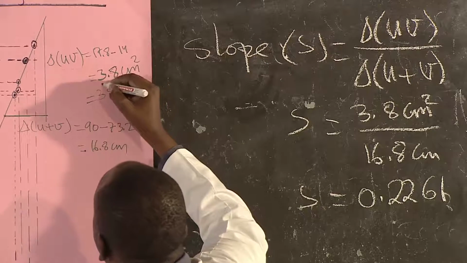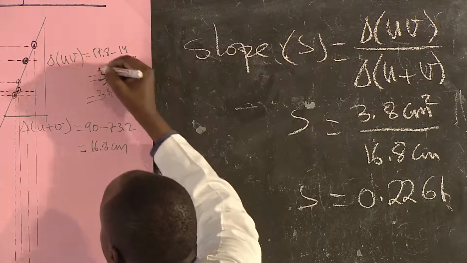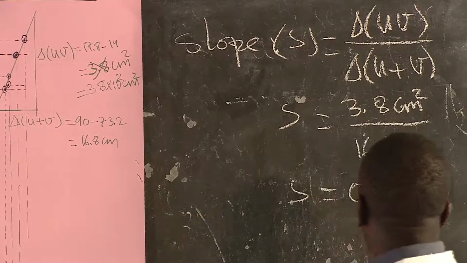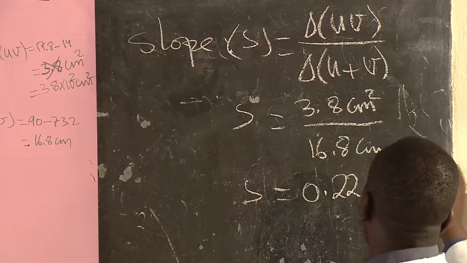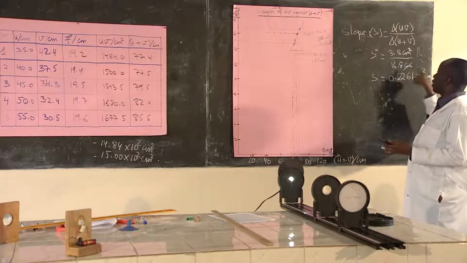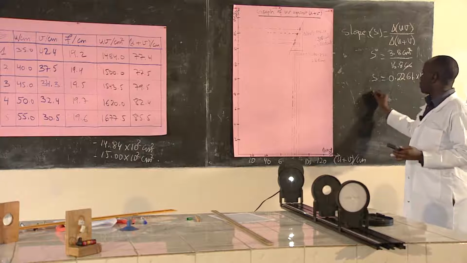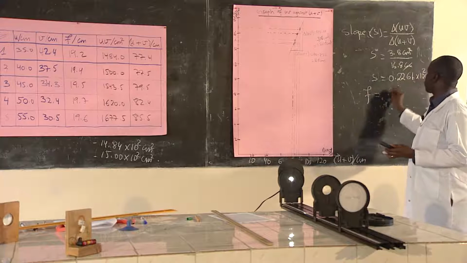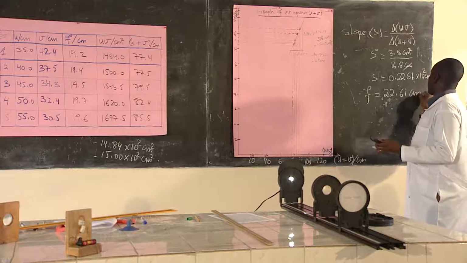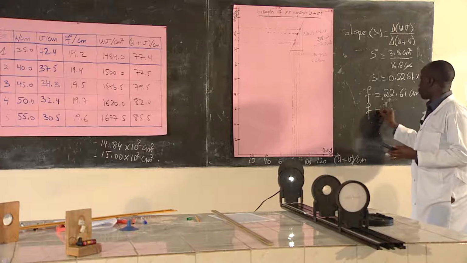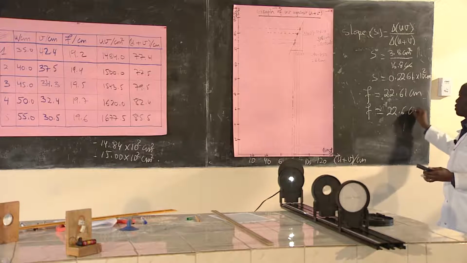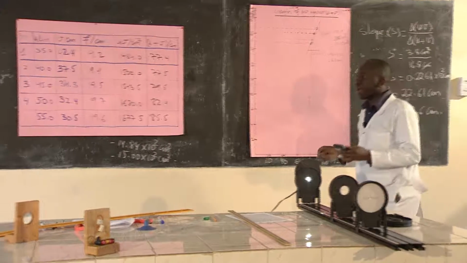So when you use this, you are not correct. Do you understand? Then here we have times 10 power 2 centimeter, because we have closed out this 2 and the centimeter, and we remain with this. So this now is f, which is equal to 2.61 centimeter, in other words, approximately equal to 22.6 centimeter.